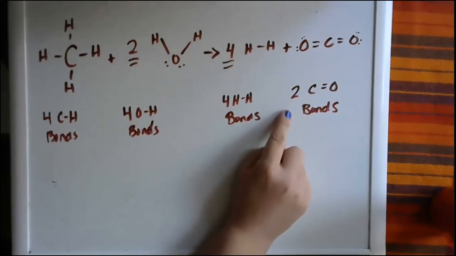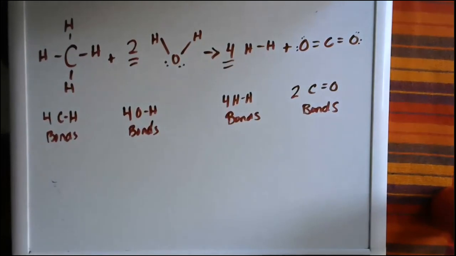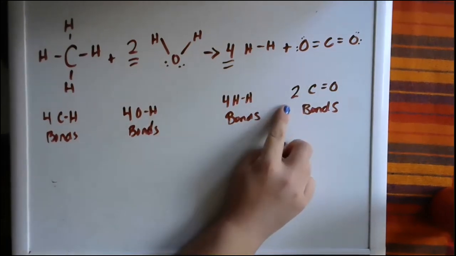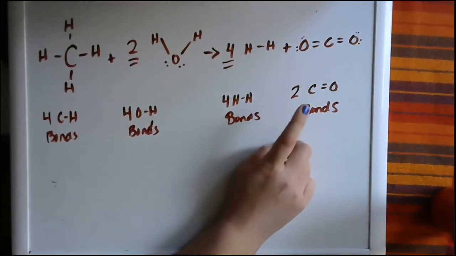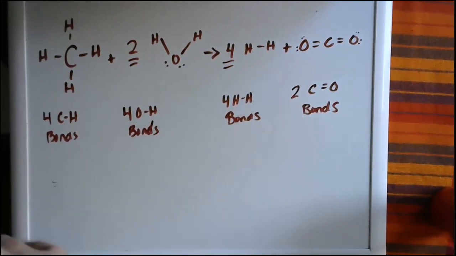And I have 1 CO2 molecule, and when I draw it out, I notice that I have a carbon with 2 oxygens double bonded to it. So I have 2 CO double bonds, and this bond has a special value. Again, you don't have to memorize it, but you have to recognize the fact that CO2 has double bonds in it to be able to answer the question.